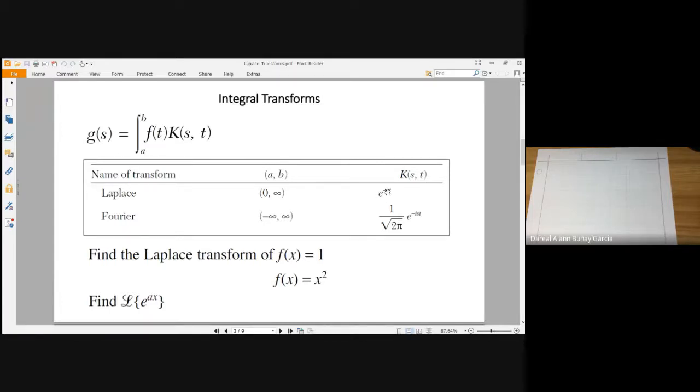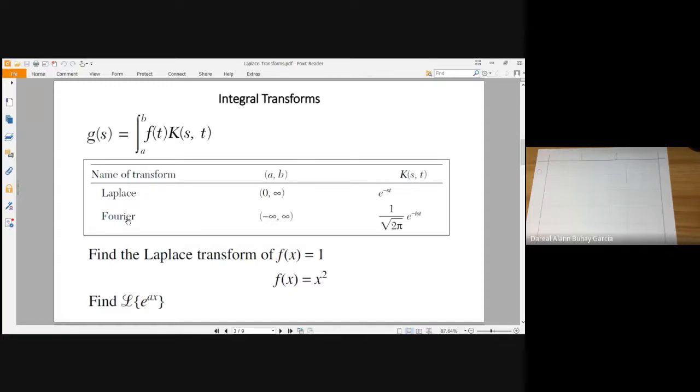So we just replace the k of s and t in the general equation for the integral transform with e to the power of negative s times t. The output, if you multiply it with f of t and integrate over two points, is the Laplace transform. Okay? So the pronunciation is Laplace.